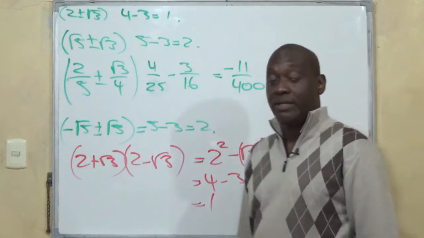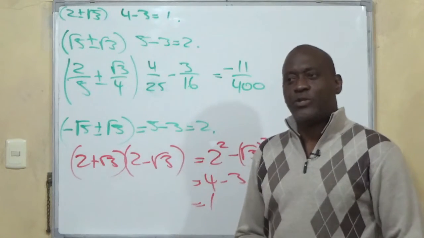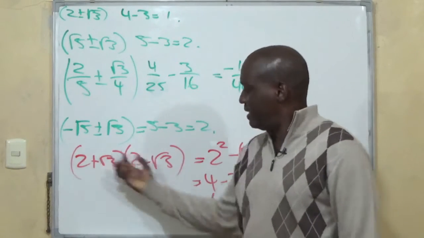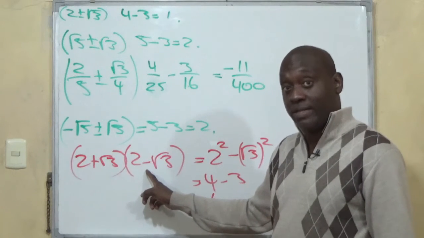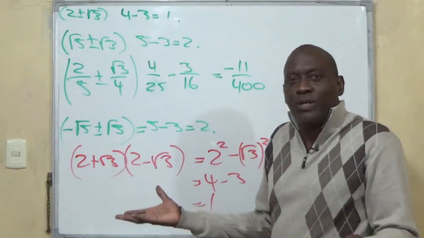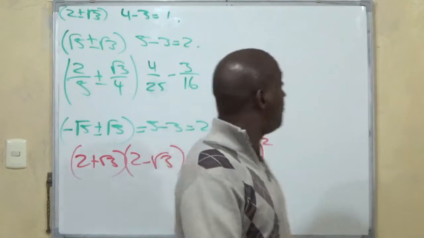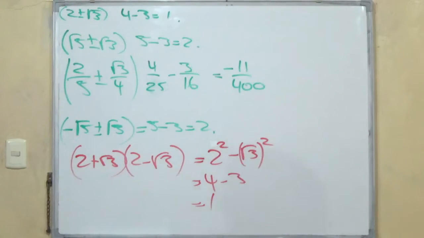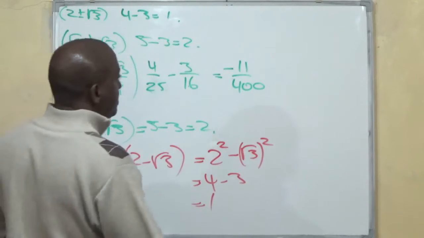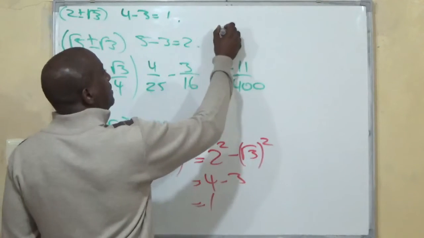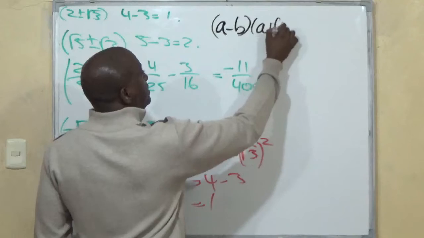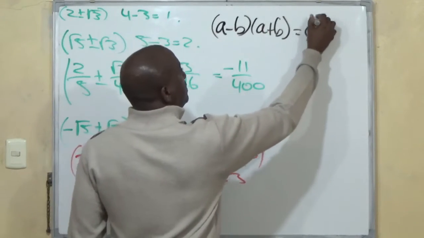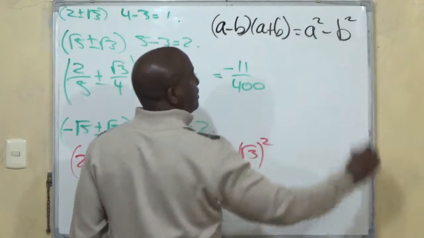Remember we said that the property of the conjugate is that it's basically the same entities and you just change the sign. That's all. And when you do that, you find yourself right back where we were in algebra when we said that a minus b into a plus b is equal to a squared minus b squared.